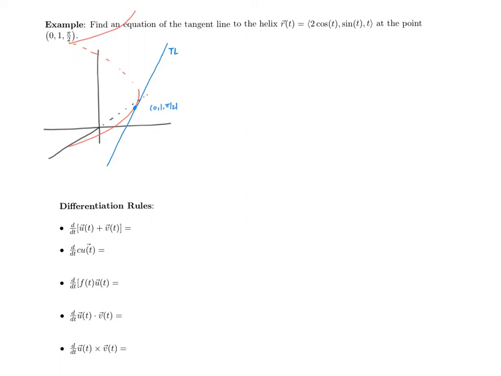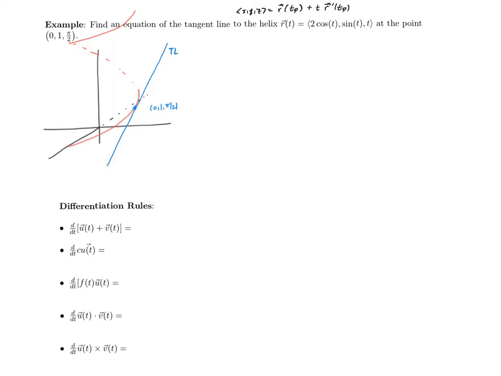Okay, so assuming that you paused the video, let me remind you that the generic form of the equation of the tangent line is going to be x, y, z equal to r of t sub p, the parameter value corresponding to our point, plus t times r prime of t sub p.